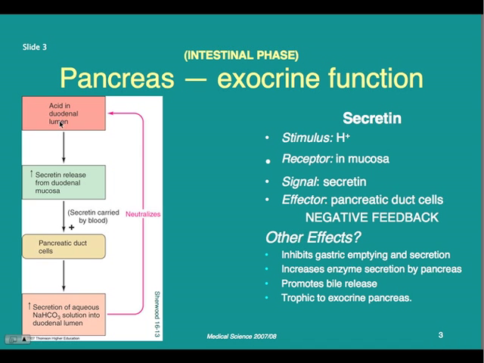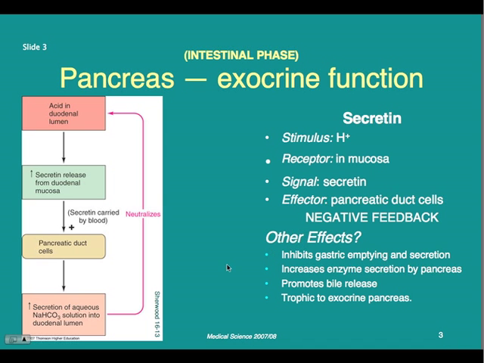Bingo. Easy. I put it in writing on the side for those of you who prefer writing to pictures. Different learning modes, don't you know? And then I've got a little list of other effects. Now, the other effects are, there are 4 of them. 3 of them are blindingly obvious. If you want to neutralize acid in the gut, you want to raise the pH in the duodenum. So we've dealt with one way of dealing with it.